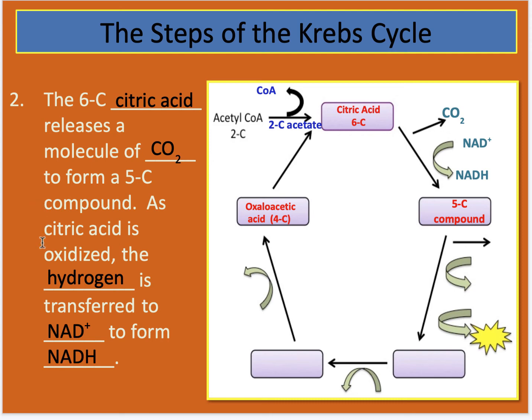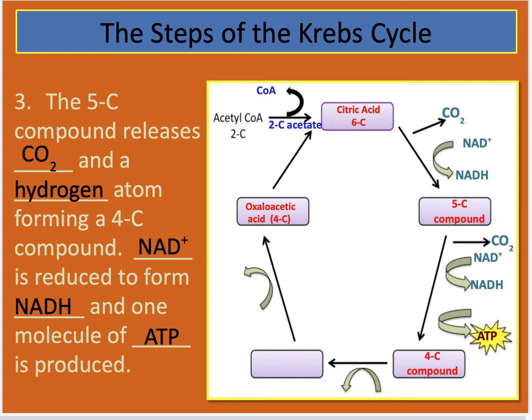As citric acid is oxidized, the hydrogen is transferred from NAD+ to NADH. The 5-carbon compound releases carbon dioxide and a hydrogen atom, forming a 4-carbon compound.